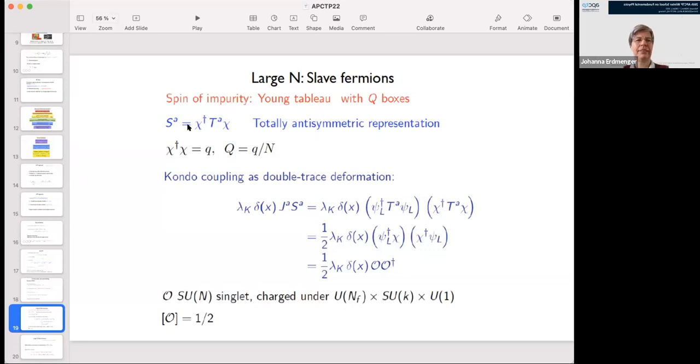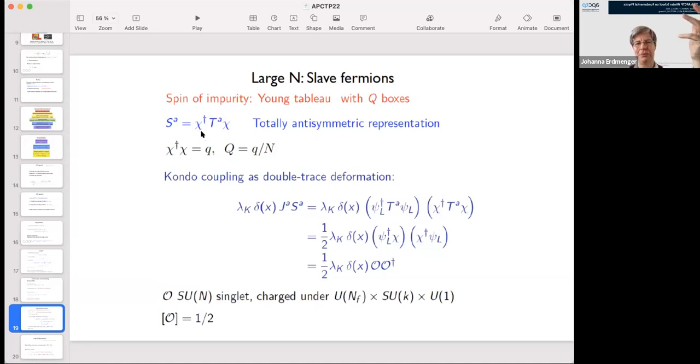And then essentially, we write the spin as a bilinear in these auxiliary fermionic fields. Now if we do this, of course, we introduce more symmetries than there were beforehand because there is a spurious U(1) symmetry that we introduce. Because if we write it like this and we perform a rotation on chi and the inverse rotation on chi dagger, then this is invariant.